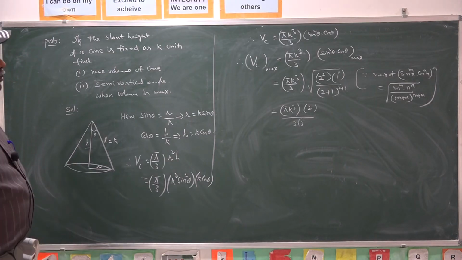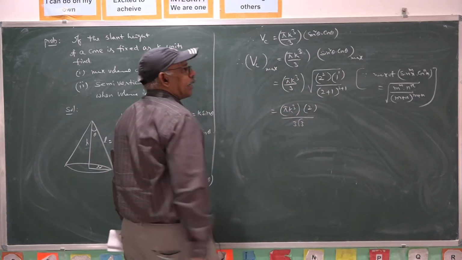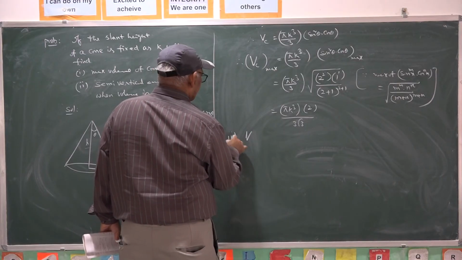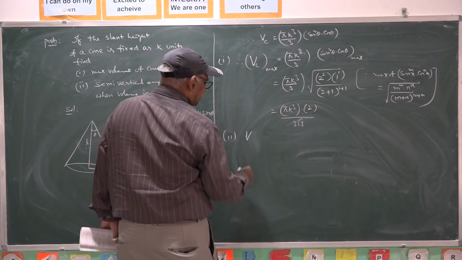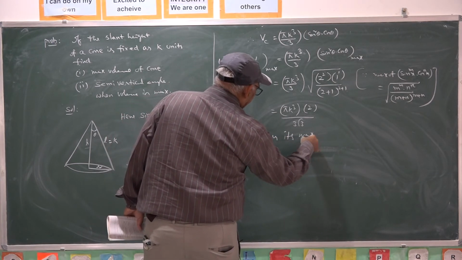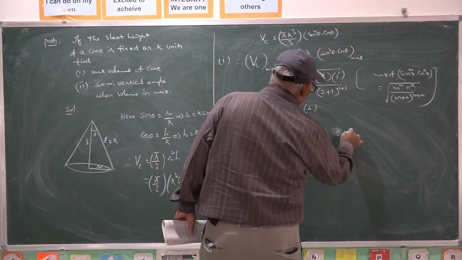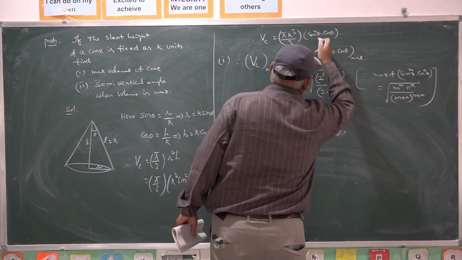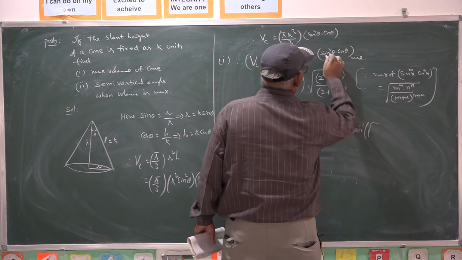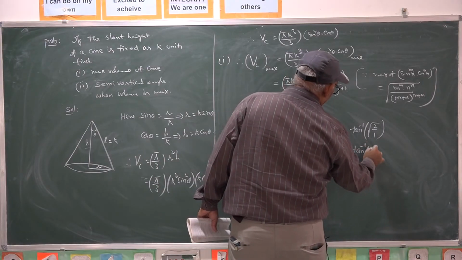This maximum is attained at tan theta equal to root m by n. That is, Vc takes its maximum at theta equal to, instead of x here we have theta, theta equal to tan inverse of root m by n. m by n is 2 by 1, hence tan inverse root 2.